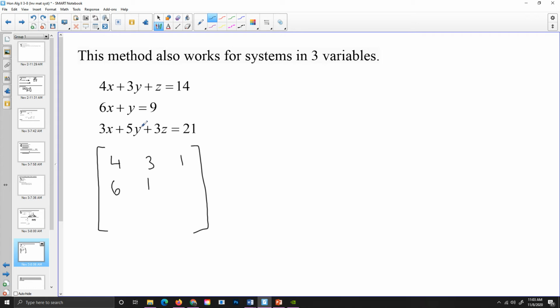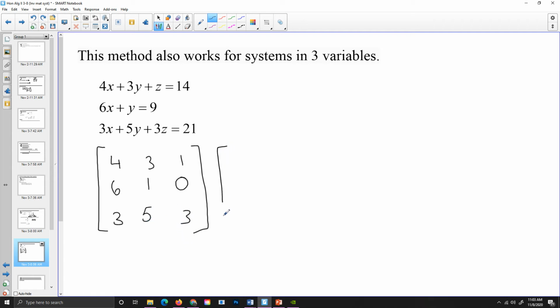That's okay, we have no problems with that, but we do have to have a placeholder in the matrix. So I'm going to put a 0 right there to be our placeholder for having no z in that second linear equation. And now in this third one, we have 3 for the x coefficient, 5 for the y coefficient, and 3 for the z coefficient.